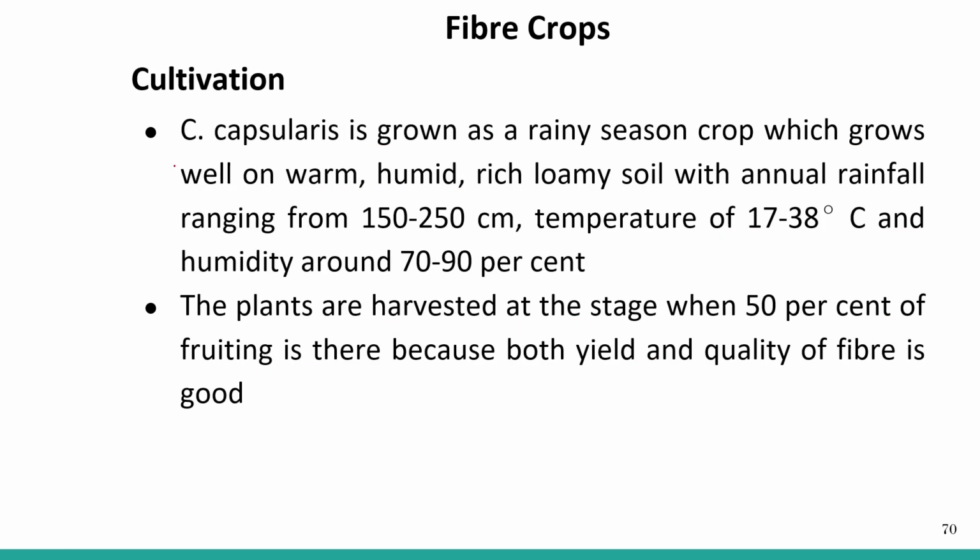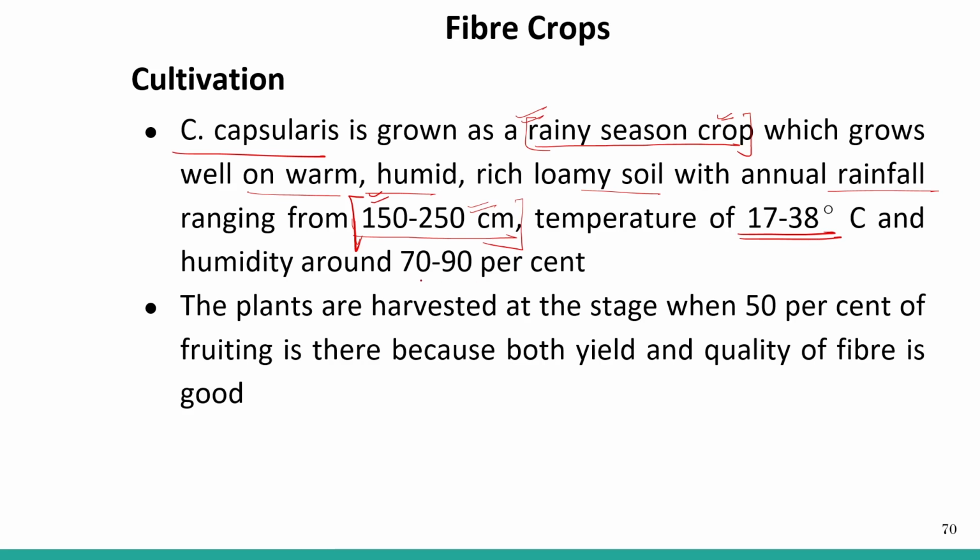Cultivation. Corchorus capsularis is grown as a rainy season crop, right? Because it requires a lot of water, it grows well on warm, humid, rich loamy soil with annual rainfall ranging from 150 to 250 centimeters. So they require a good amount of rainfall. And the temperature that is suitable for its cultivation is 17 to 38 degrees centigrade.